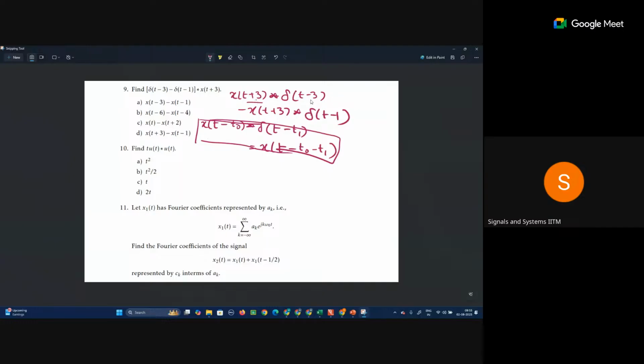Since it is plus 3 and minus 3, they cancel and this term becomes x of t. The other one has plus 3 and minus 1, so we get x of t plus 2. As a result, we get option C.